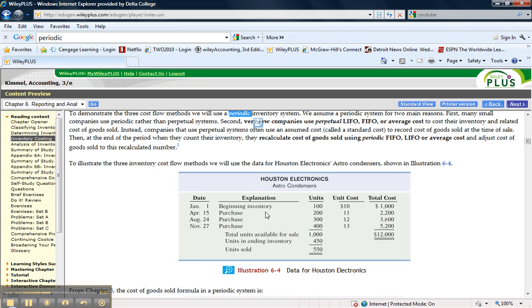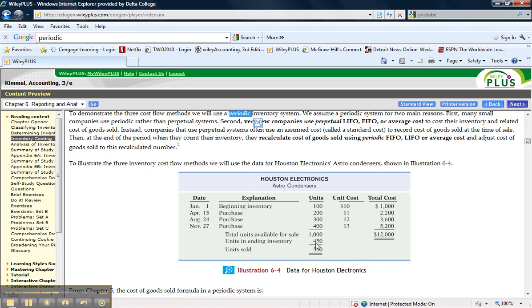In these upcoming videos regarding FIFO, LIFO, average cost, they're going to use this set of data for this company, where a company has a beginning inventory of this many units, a bunch of purchases they made throughout the year of this many units, and this is what each of those purchases cost. So in total, the company has spent this much on inventory, and this $12,000 is their cost of goods available for sale during the period, and this is the total units they bought.